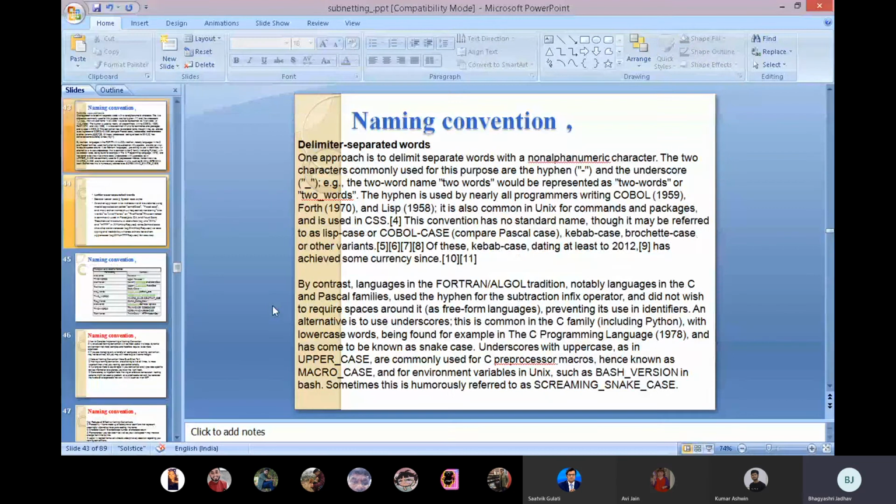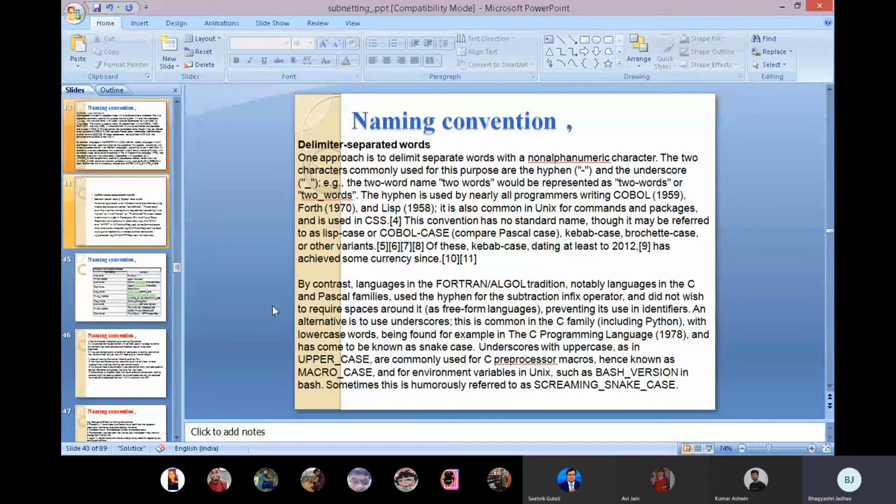Letter case and numerals. Then delimiter separated words. One approach is to delimit separate words with non-alphanumerical characters. The two characters commonly used for this purpose are the hyphen and the underscore. The two words would be represented as two-words or two_words like this, using hyphen or using underscore.